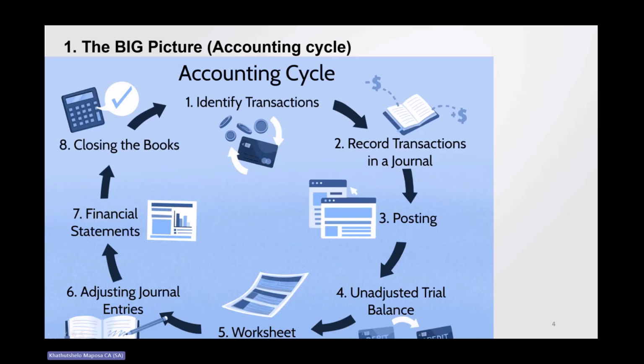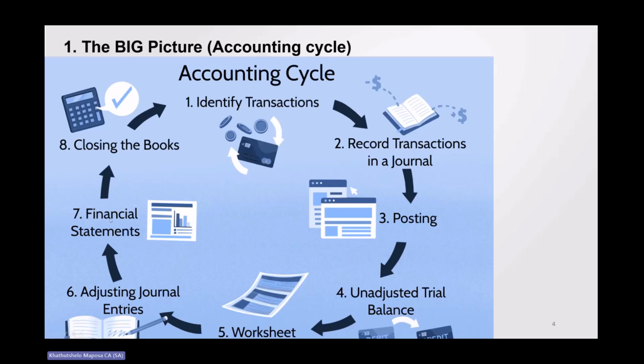And then you will have the post-adjustment trial balance, meaning this trial balance here will be adjusted by these journals that you will have done here. You now have a post-adjustment trial balance. Then you use the trial balance to make the financial statements.